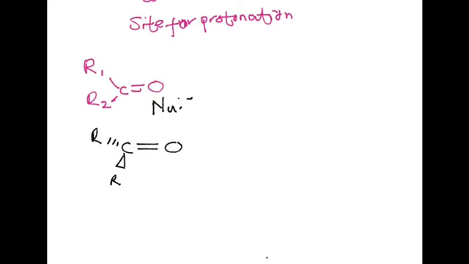The nucleophile, which has a negative charge, will come and attack this carbon, forcing the pi bond to break, and as such it will give its electrons to the oxygen. Remember, initially the oxygen has two lone pairs on it, so when one of these bonds breaks, it adds two electrons, which means another lone pair. And so the result will be this.